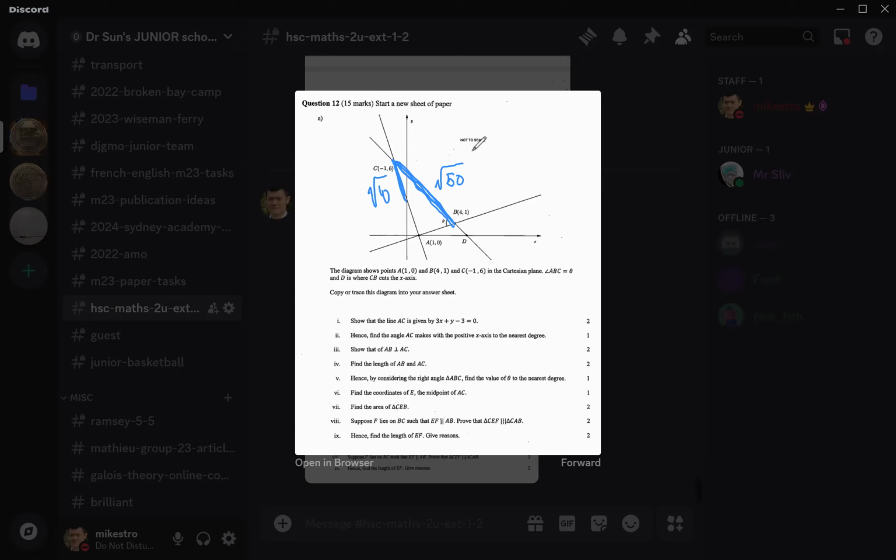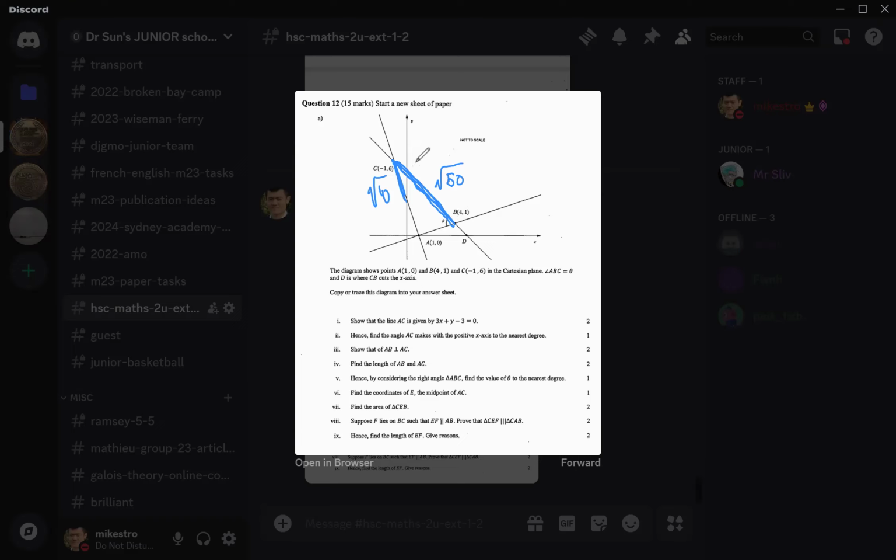And then to find the area, I used the non-right angle triangle area formula. So you find the angle of C. I just did angle sum of a triangle, which is 180 minus 90 minus theta.